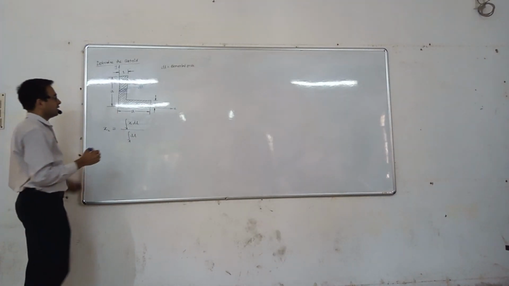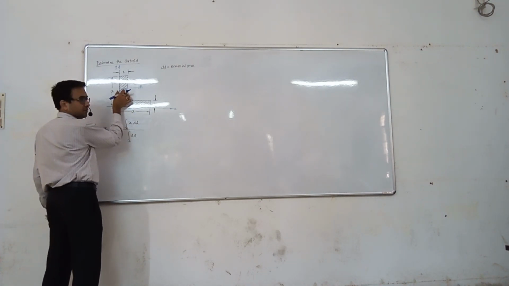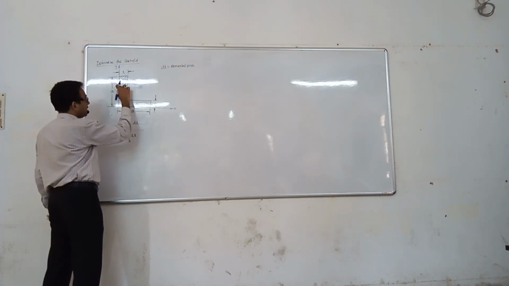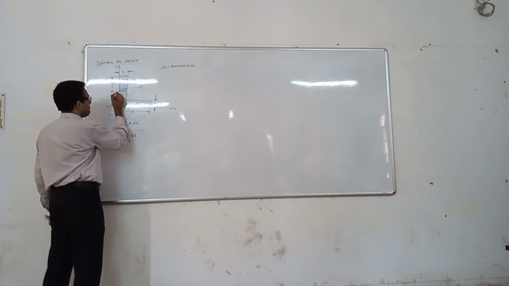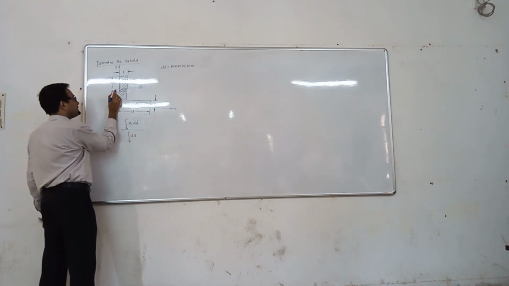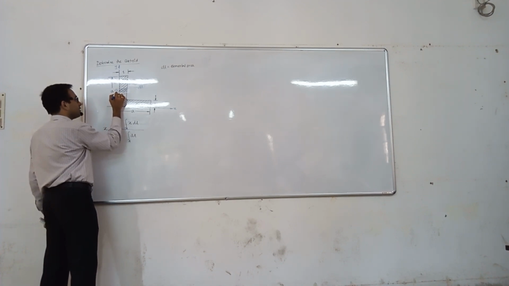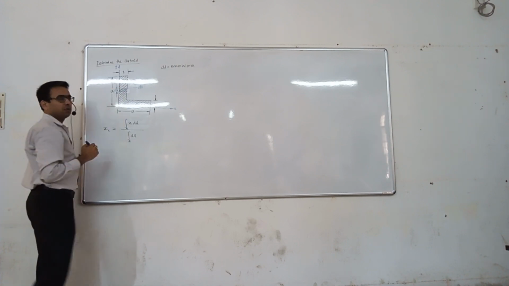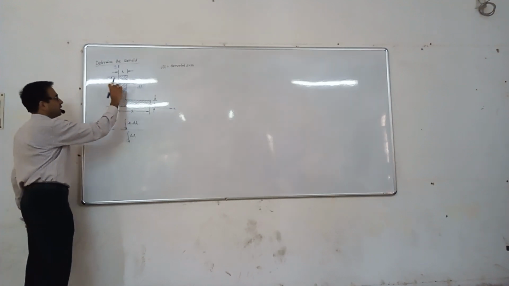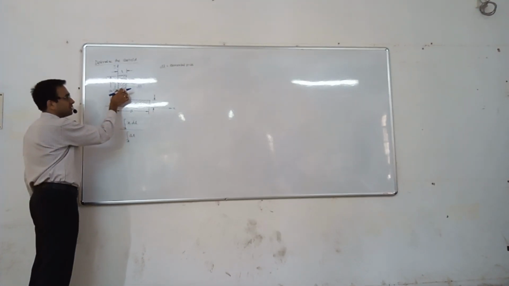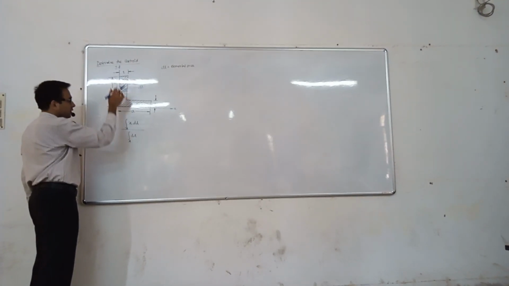Some x length multiplied by dy. This is small dy, and this is some x.